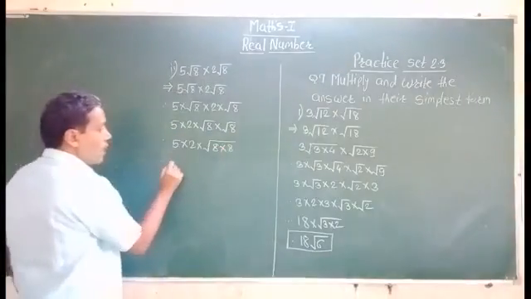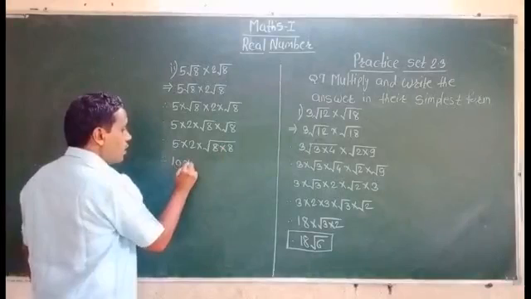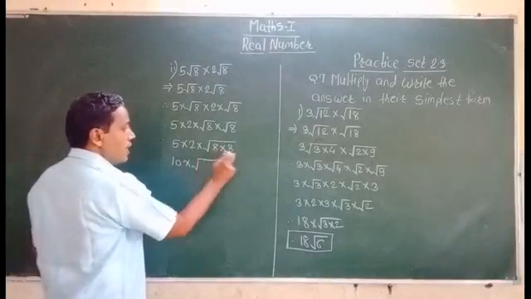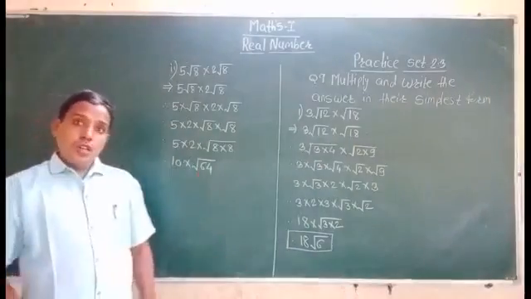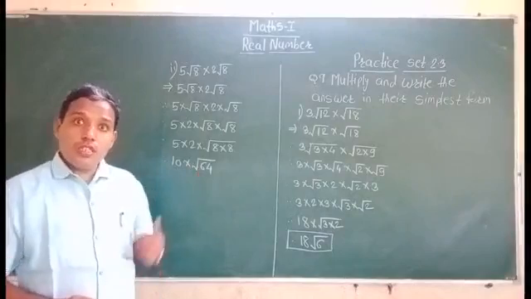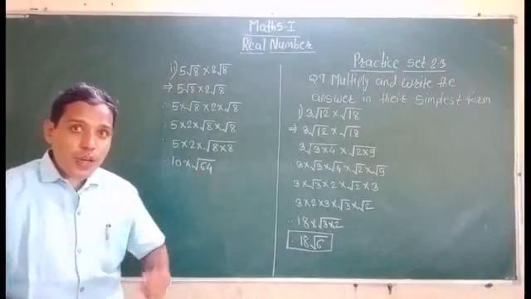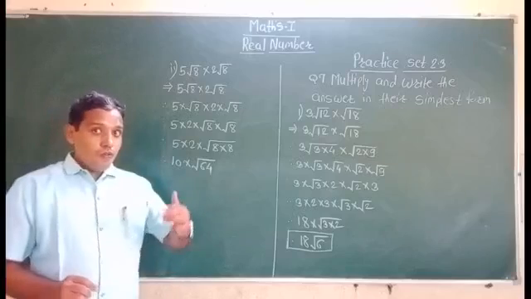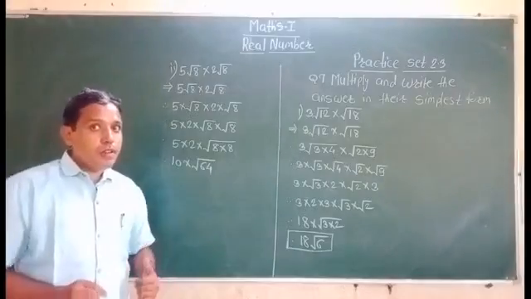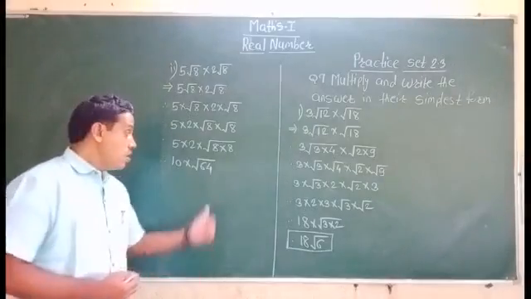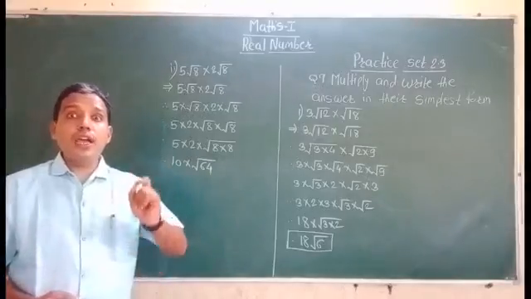So 5 2s are 10 into surd 8 8s are 64. Think about it: is 64 a perfect square number? We know the square root of 64. Yes, the square root of 64 is 8.